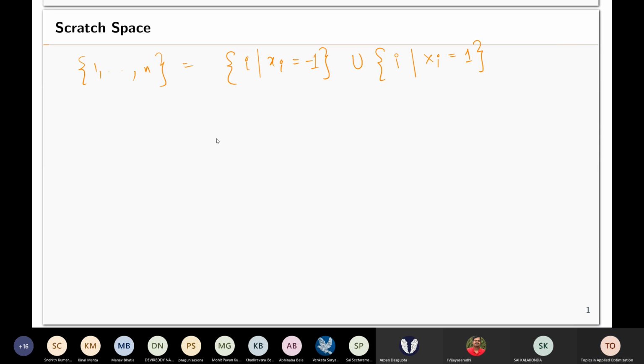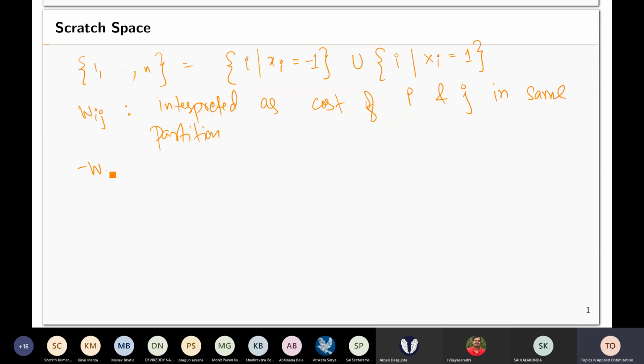And the matrix Wij can be interpreted as the cost of having i and j in the same partition, and similarly -Wij can be interpreted as the cost of i and j in different partitions.